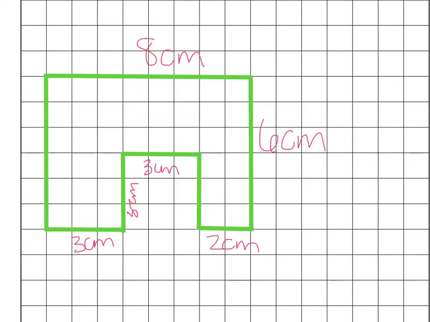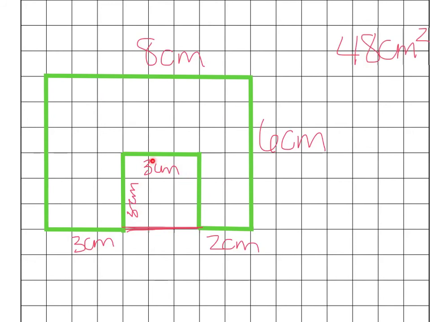The second strategy is to find the whole area as if it were a full rectangle and subtract the missing piece. So to do this, I'm going to just draw in this part here and pretend that there's a line here. And then I'm going to find the full area of this rectangle as if this piece was still part of it. The area of this rectangle is 8 by 6, so that will be a 48 square centimeter rectangle.